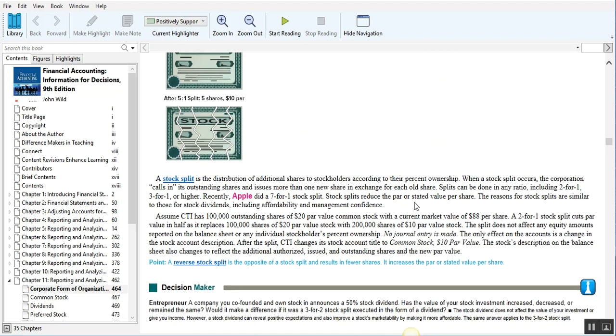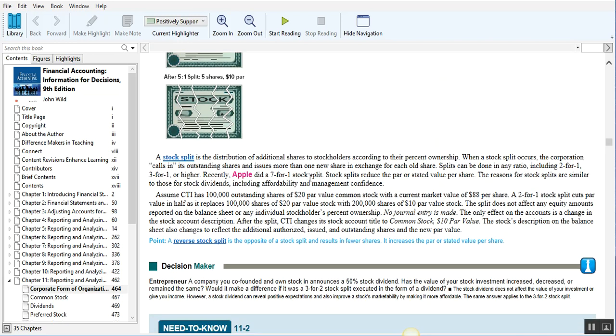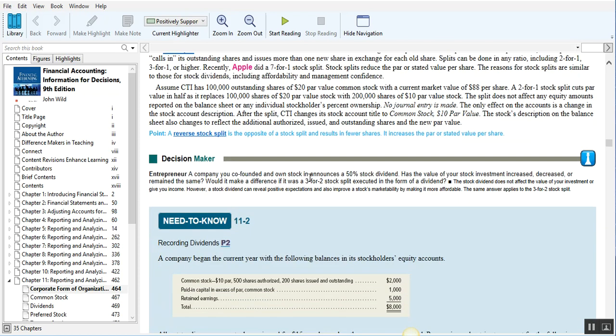A stock split is where a corporation basically splits stocks, and what this is going to do is reduce the par value of the share of stock individually, but it will maintain all shareholders' present percentage ownerships of the business. So if you do a stock split and you issue additional shares, the reason you might do that is to reduce the cost of the shares of stock in the market to make it more approachable or affordable.